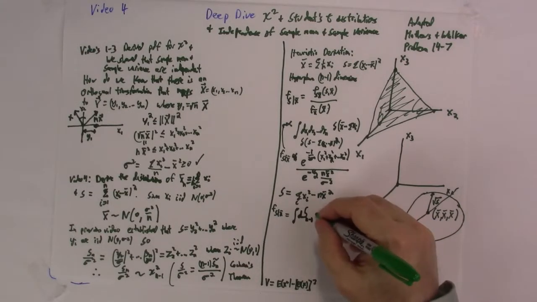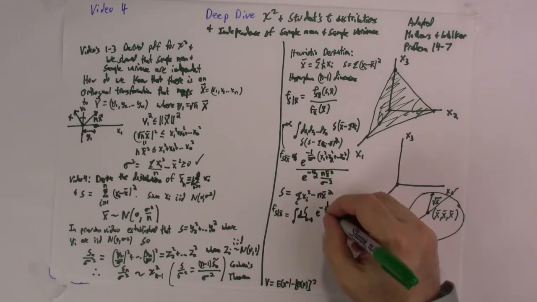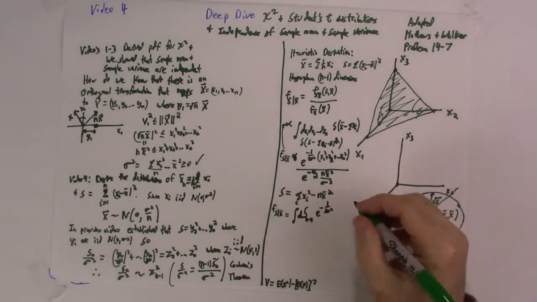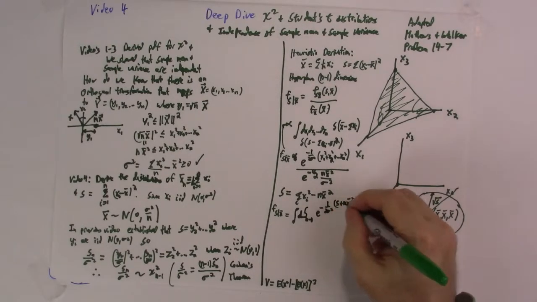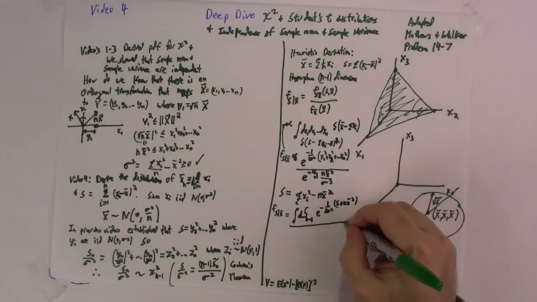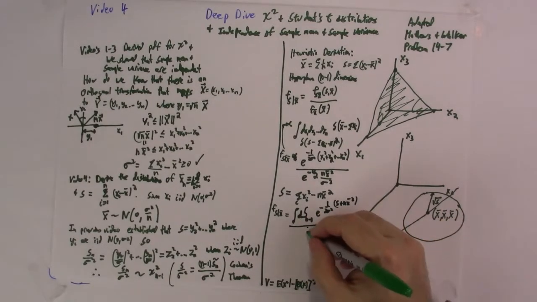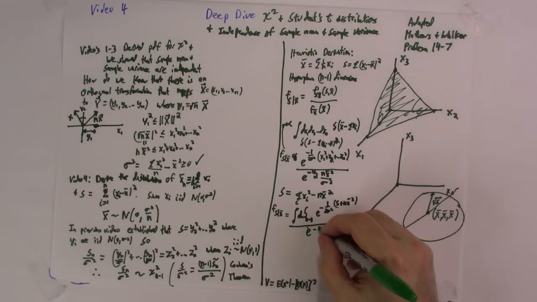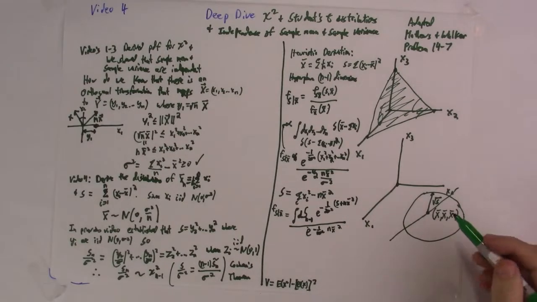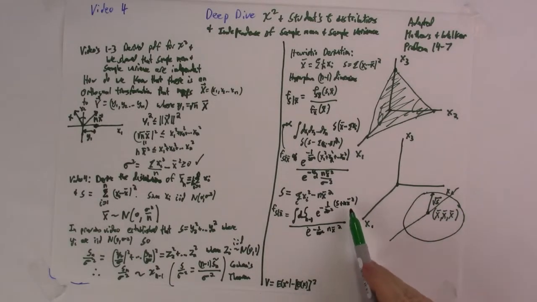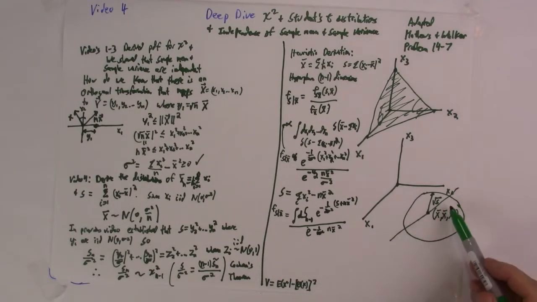And now I have e to the minus 1 over 2 sigma squared. I'll make use of this. I'll get s plus n x bar squared, divided by e to the minus 1 over 2 sigma squared n x bar squared. Now on the sphere, everything here has the same value. X bar is fixed because it lies on the plane that hits the sphere to give the circle.